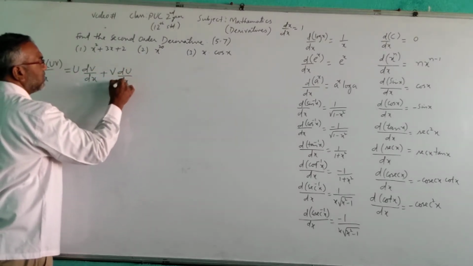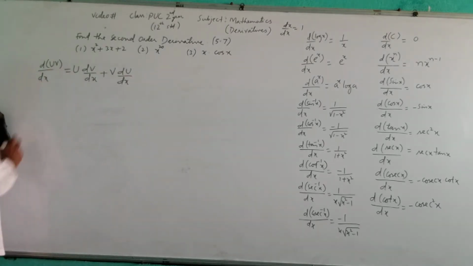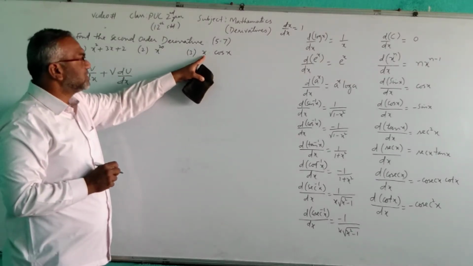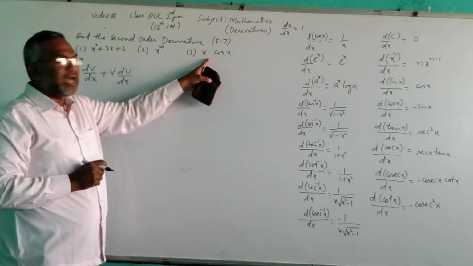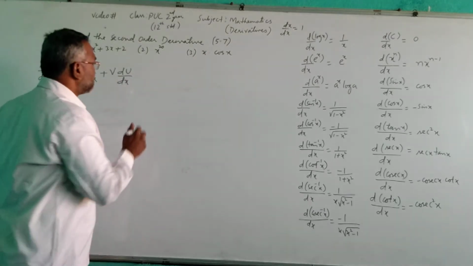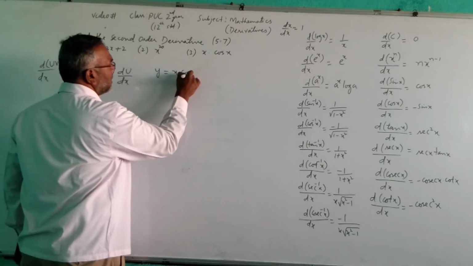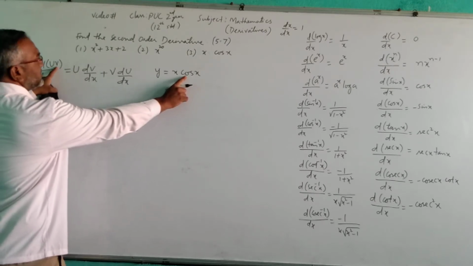This is the product rule. When two functions are in multiplication, we use it. We have that type of question here. Two different functions, x and cos x, are in product, right? So we take y is equal to x cos x, where x is u and cos x is v.